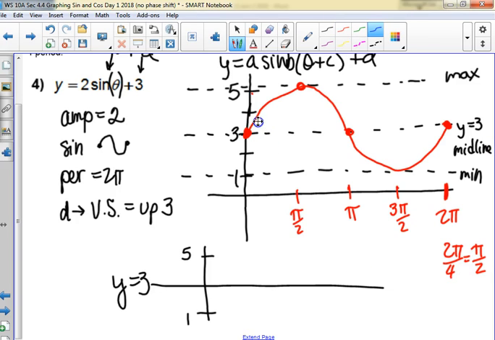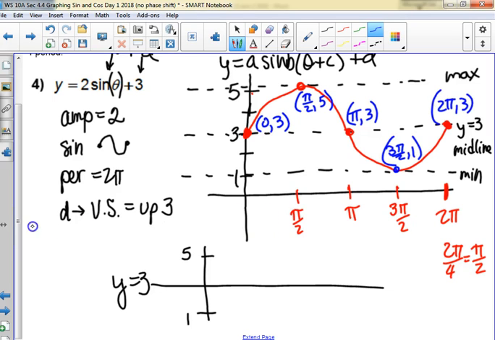All right, so help me write the ordered pairs the way I've drawn it here. 0, 3, pi over 2, 5, pi, 3, 3 pi over 2, 1, and 2 pi, 3. If you did it on this graph, it's the same.